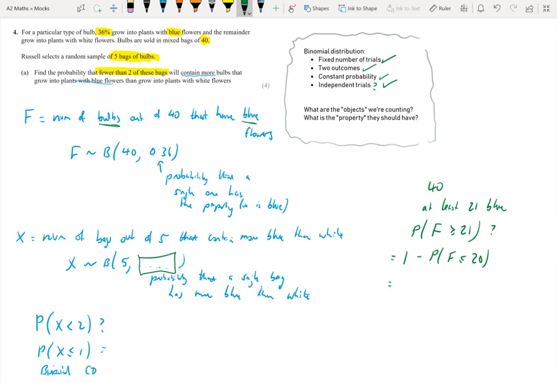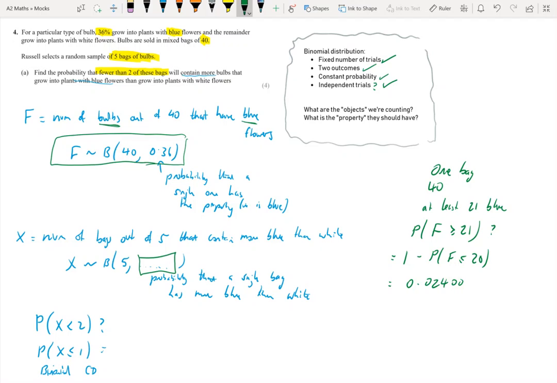So on your calculator you can use binomial CD, so you're looking back at the F distribution, the N and the P there, and we want the probability of less than or equal to 20, and in fact we want 1 minus that probability. Check for yourselves on your calculator, you should get 0.024, and then that's actually followed by some more zeros. So 0.024. That's the probability that one bag has at least 21 blue.